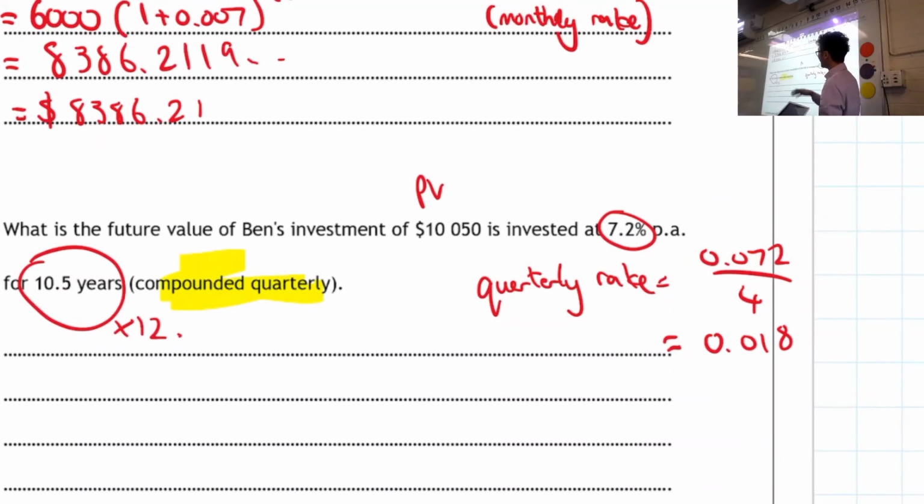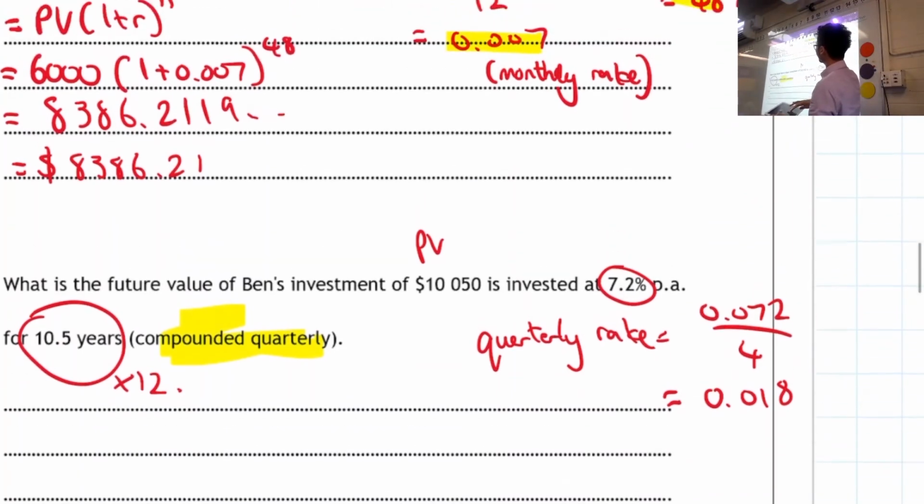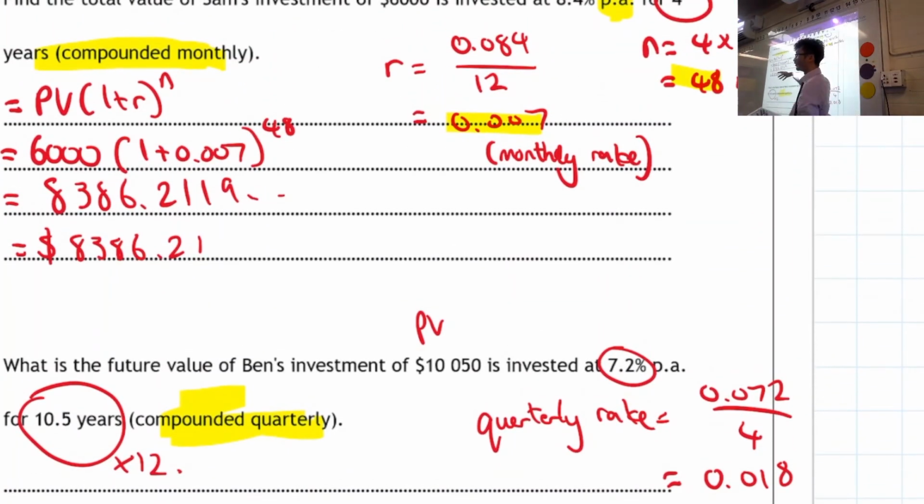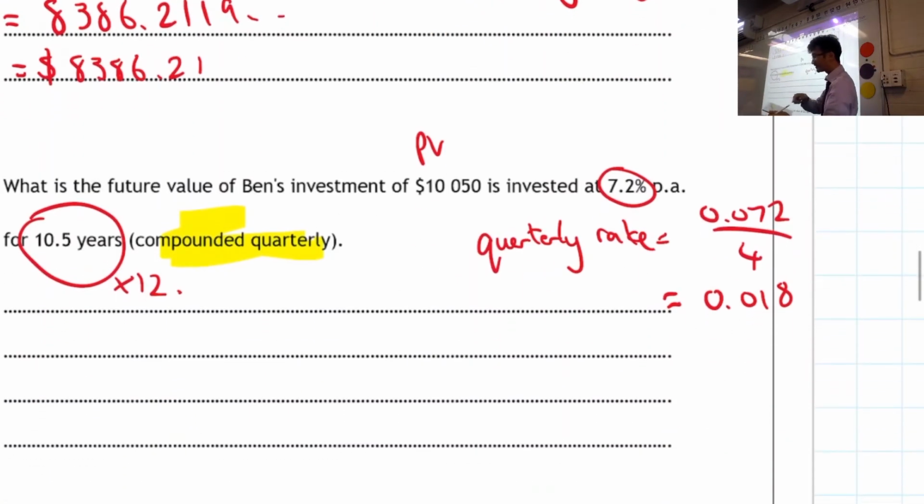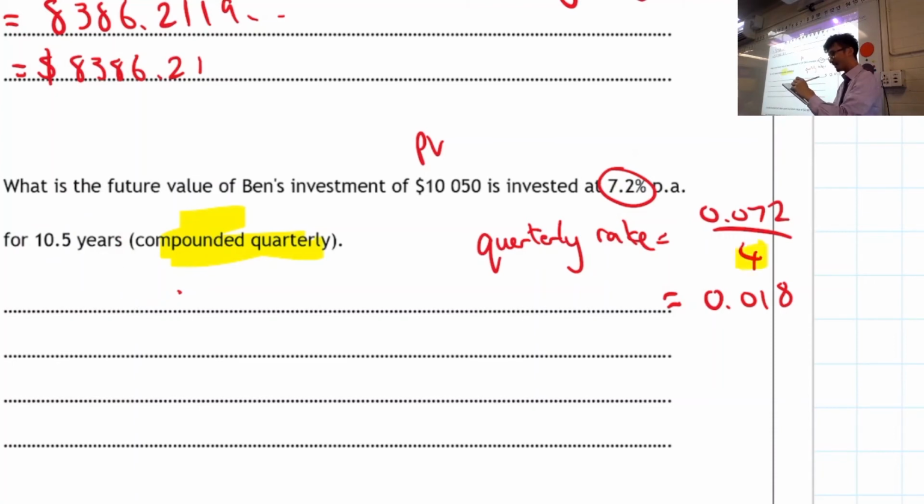So here's the thing. Maybe an easy way to remember it is whatever you divide by, you also multiply by. Because the idea is, how many times is this happening each year? It's happening 4 times a year, so you're going to have 4 times as many of these periods, right? So whatever you're dividing by here, just multiply by that amount as well, or multiply by 4.